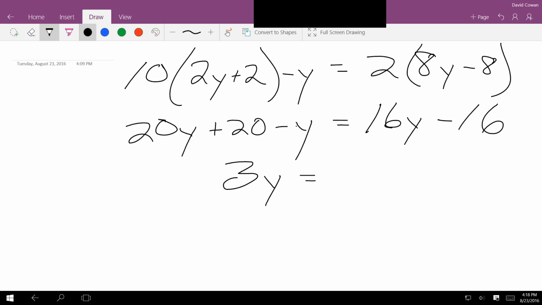Now you're left with that minus 16, and I still have to move that 20 to the right side, so it becomes minus 36. Now you get y equals minus 12. So that's where it's at.